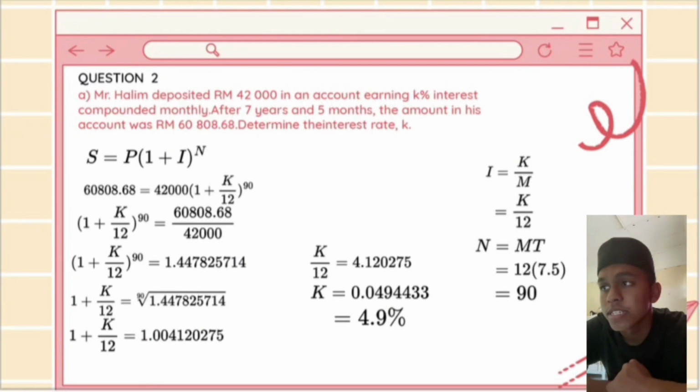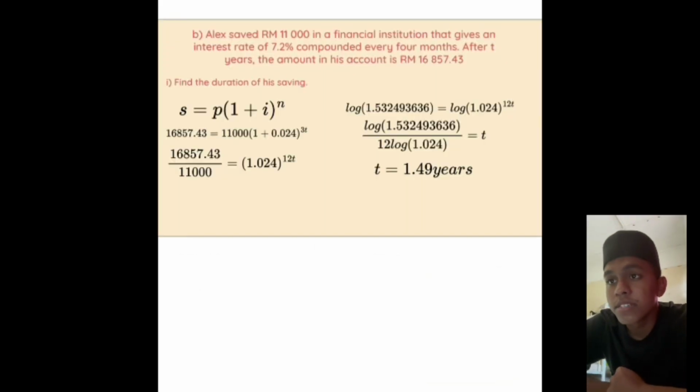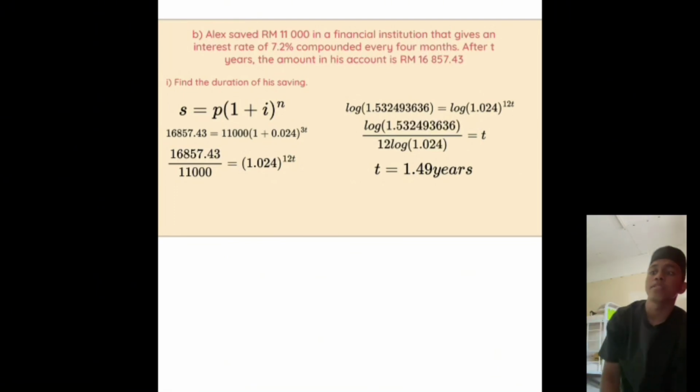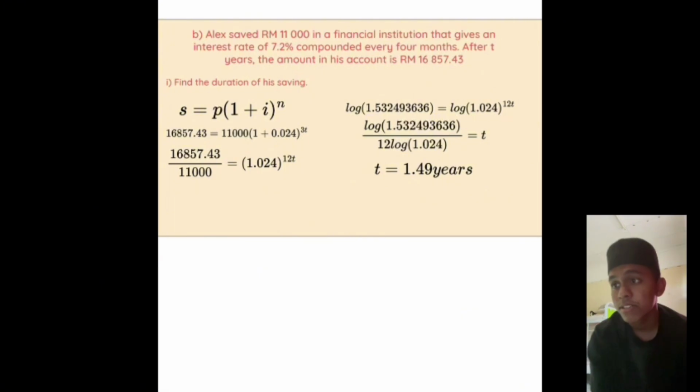Okay, we go to the next question. B. Alex saved 11,000 in a financial institution that gives an interest rate of 7.2% compounded every 4 months. After 3 years, the amount in his account was 16,857.43. Question 2, find the duration of his saving. Okay, we use the same formula. So the S is 16,857.43, the P is 11,000, the i is 0.024, and the n is 3T.